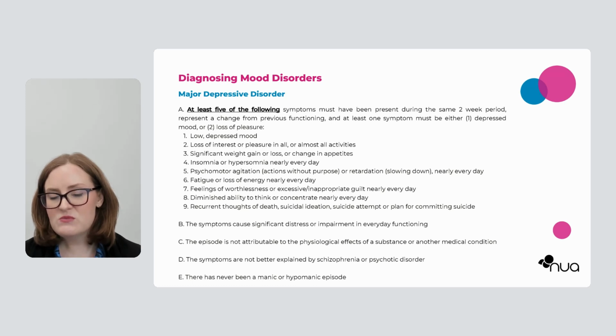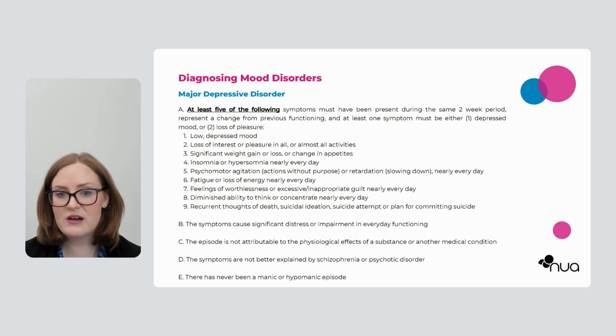So the symptoms would include low depressed mood, loss of interest or pleasure in all or almost all activities, significant weight gain or loss or change in appetite, insomnia or hypersomnia nearly every day. So insomnia would be where a person can't sleep, and hypersomnia is where a person is oversleeping.